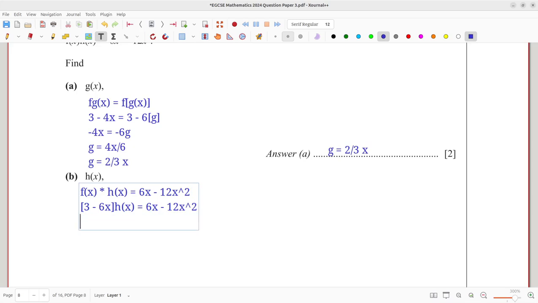So you can either divide both sides by 3 minus 6x, or simply say, okay, this thing is 3 minus 6x times h.